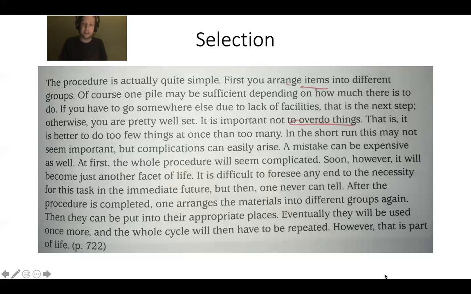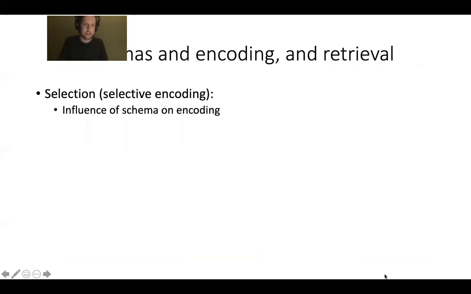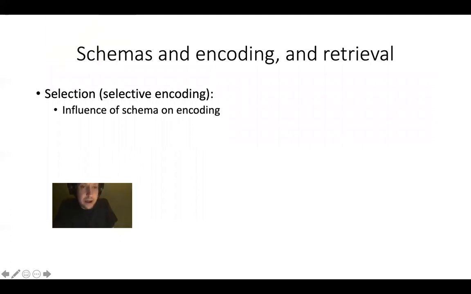This illustrates the idea of selection, which is most simply illustrated in this example right here. You're using the schema to help you encode things. When we talked about how schemas influence retrieval, we talked about how schemas can cause memory distortions. But in this example of how schemas influence encoding, the schemas are helping encoding.